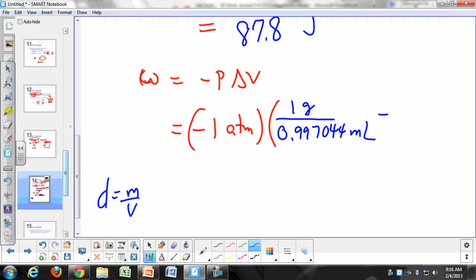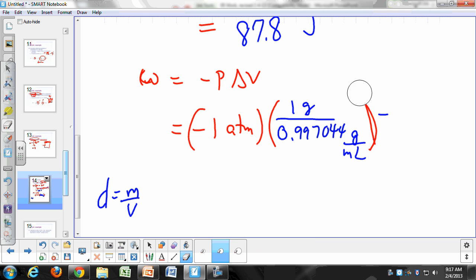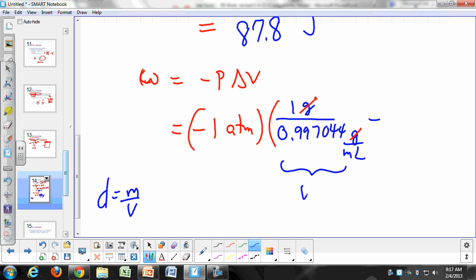Okay, is that correct? Grams per mil. So grams cancels out. And what's our initial volume? So this is our final volume.